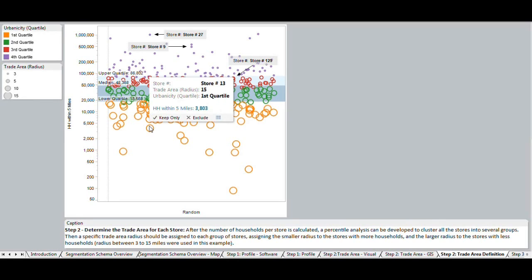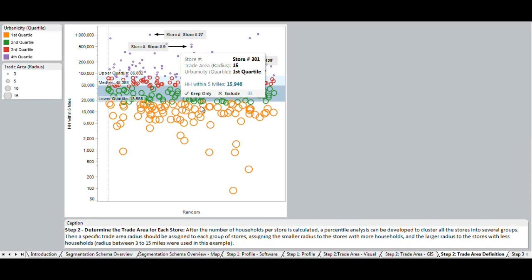And for the stores that are more rural, where there's not that many people around them, we're going to use a larger area, a 50-mile radius. Usually in areas that are more rural, people travel more to go to their specific stores. And then somewhere in between, we're going to use also 5-mile radius and 10-mile radius. So that's how we are going to define the trade radius for each of our stores.